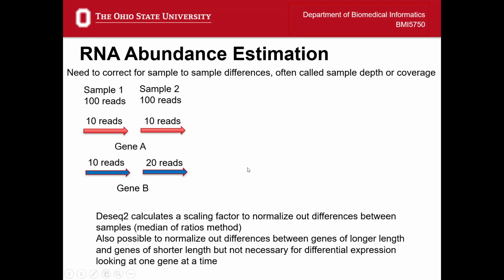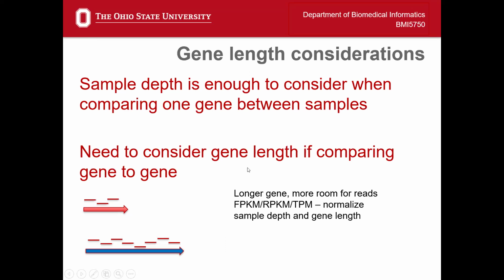But this is why you might want to do that. If you're going to compare gene A to gene B, then you would need to consider the length of the gene. Shorter genes, just because they're shorter, have less room for reads, whereas longer genes are going to get more reads because they're longer.